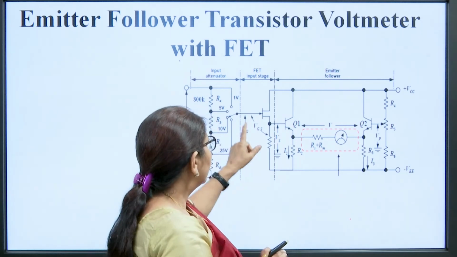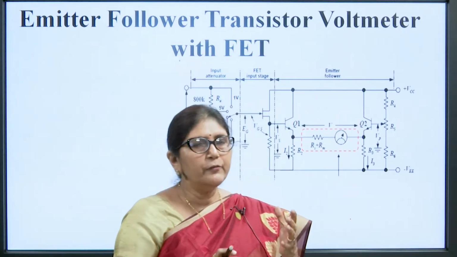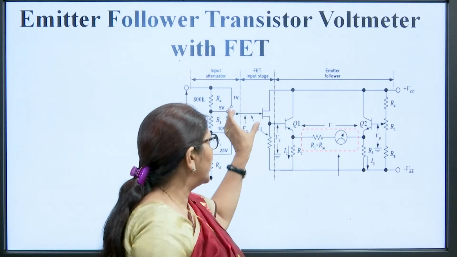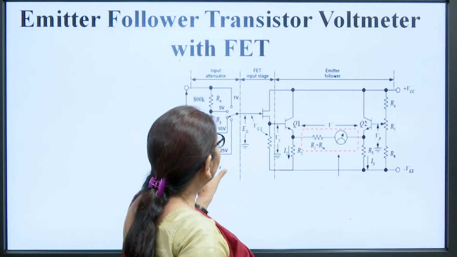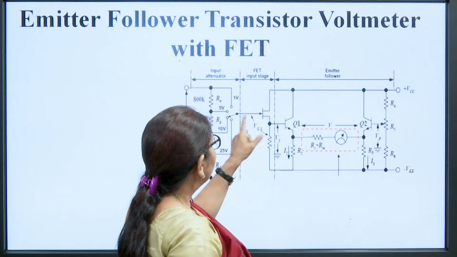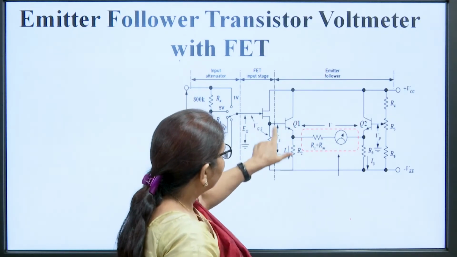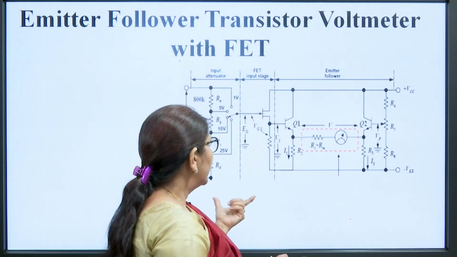So, this resistance is also increased, and the value is approximately 1 mega ohm to 10 mega ohm when we are using FET, and this is the deflection switch, the attenuator. So, by input attenuator we can select any range, then by the FET amplifier and this transistor amplifier we increase the input resistance of the meter.